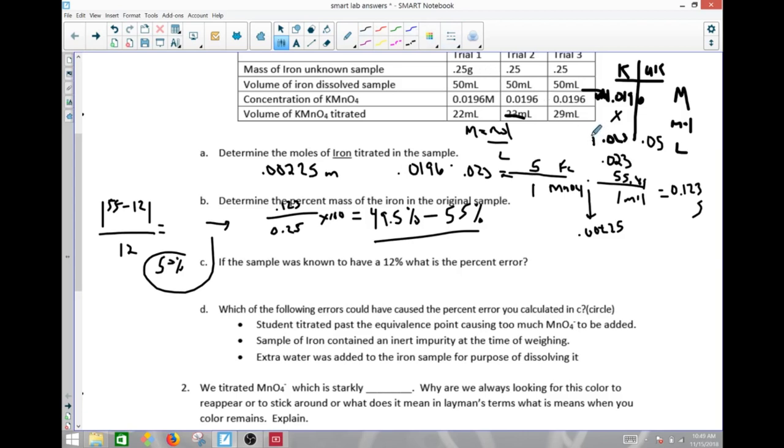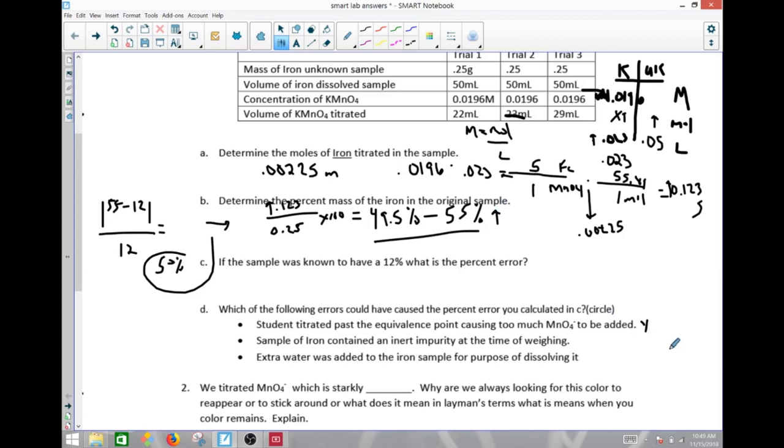That's going to cause this to go up, causes the moles to go up, which causes the moles of iron to go up, which causes the mass right here to go up. And if that goes up, then my percent mass goes up too. So the answer is yes for the first one. That could cause my error. My error is that it's too big.